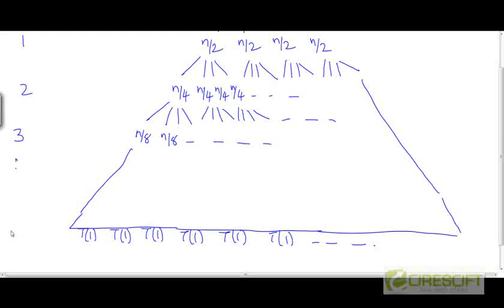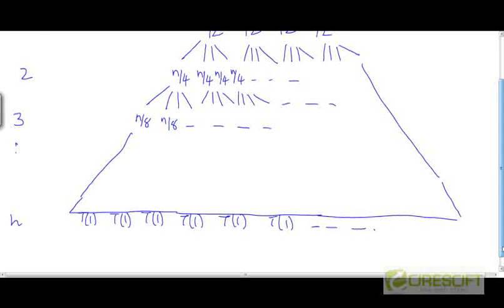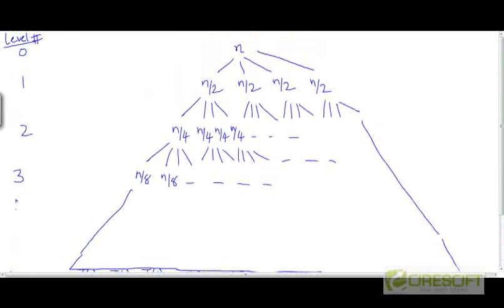The last level is level h, which is the height of the tree, and if we look at level i, we are going to have nodes with a cost of n by 2 to the power i, because the cost of the nodes at each level are half the cost of the nodes at the previous level.